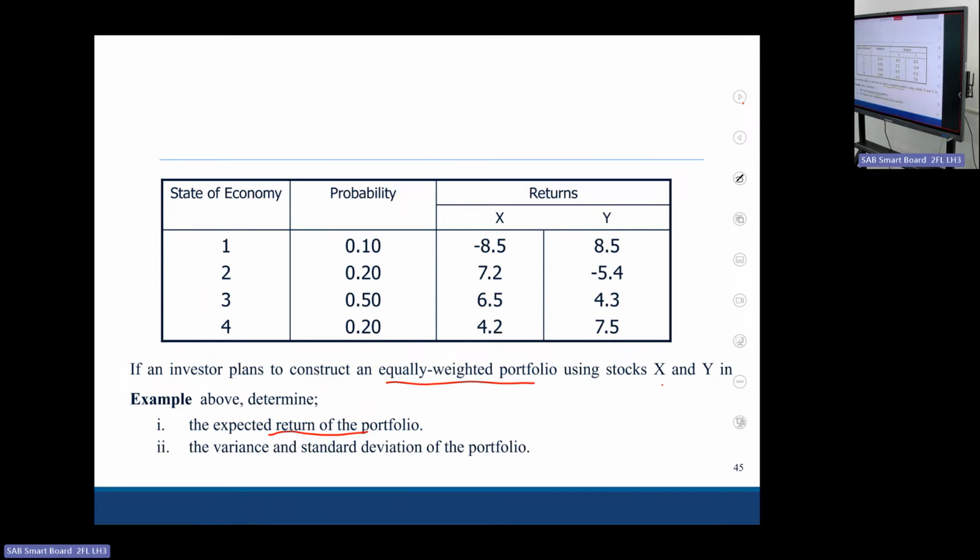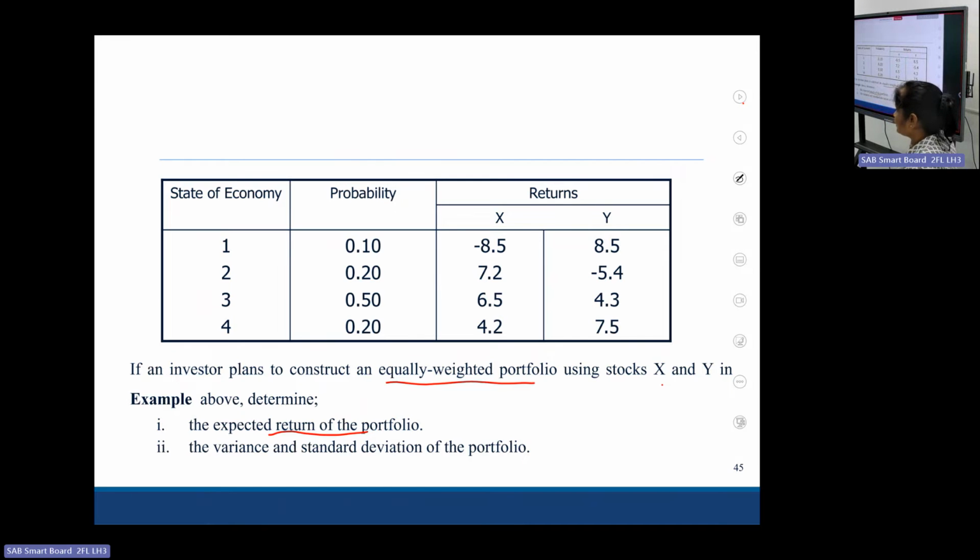Here the expected return of X is 4.68, at 50%. The expected return of Y is 3.42, again at 50%. That is the portfolio expected return. The 50 here means it is equally weighted, so you take 50-50. Expected return is how much? 2.34 plus 1.71.